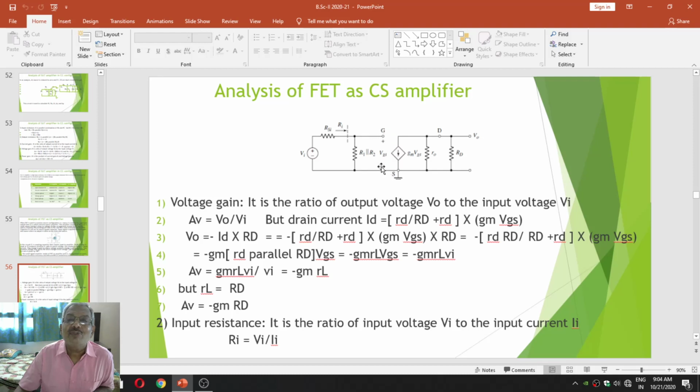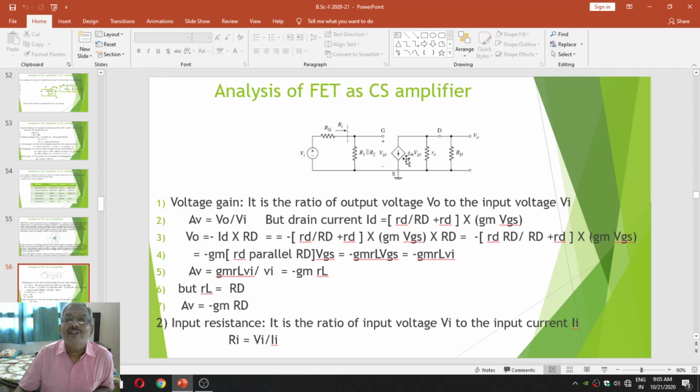VGS is the gate to source voltage. This is the equivalent small signal model of the FET. Here is the gate, here is the drain, and this one is the source, which is grounded. Again, it is in common source mode. Gm into VGS is the current source at the output, VGS representing the controlling voltage of this circuitry.